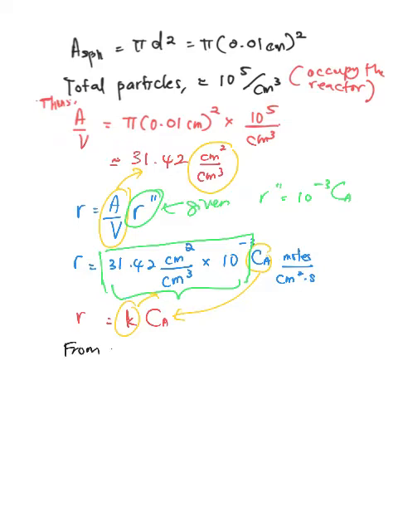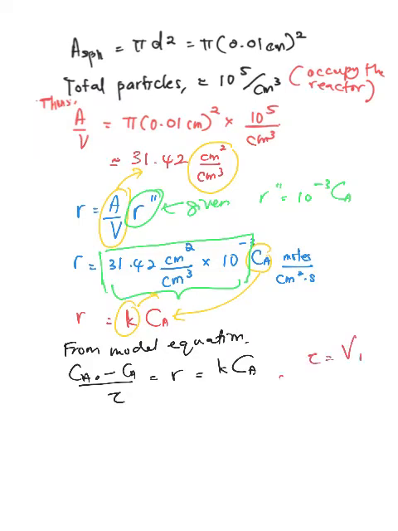From the model equation, CA naught minus CA per tau equals R. R here is the pseudo homogeneous rate, equal to K CA. So the K value is the value in the green table, and we know that tau equals the volume of reactor divided by the volumetric flow rate, because we need to determine the volumetric flow rate.